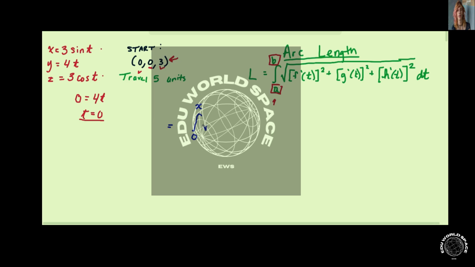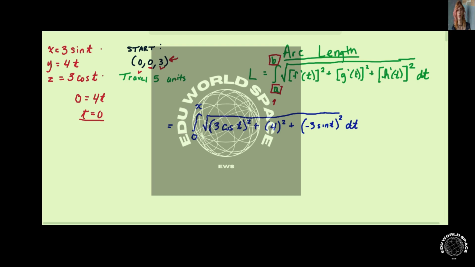And we know all of the components, so we can find their derivatives and therefore their squares. The derivative of 3 sine of t is 3 cosine of t. The derivative of 4t is just 4. And the derivative of 3 cosine of t is negative 3 sine t. Remember, we're evaluating this with respect to t.